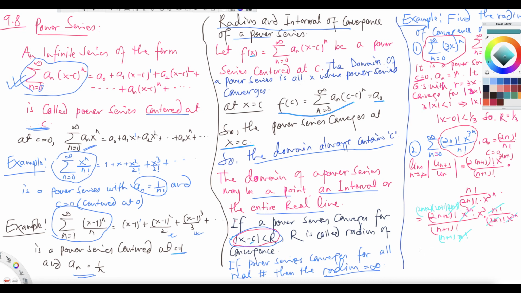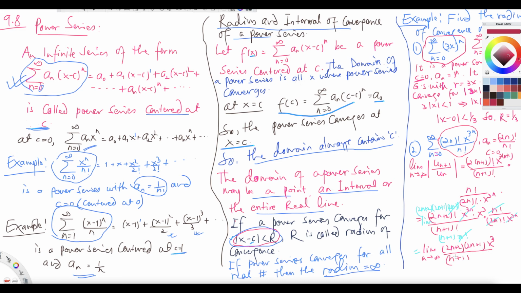What is left is, oh, by the way, we need to write the limit. The limit is still there. So that is the limit as n tends to infinity of (2n+2)(2n+1) x cubed, divided by n+1. That's it.